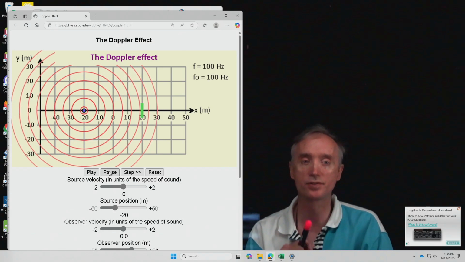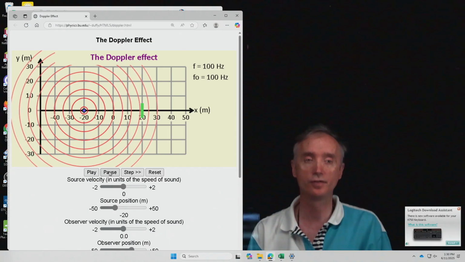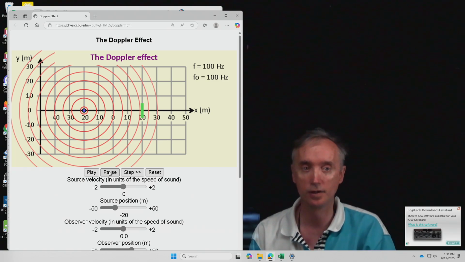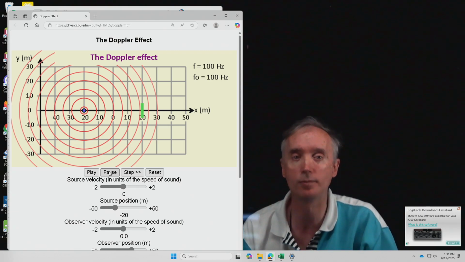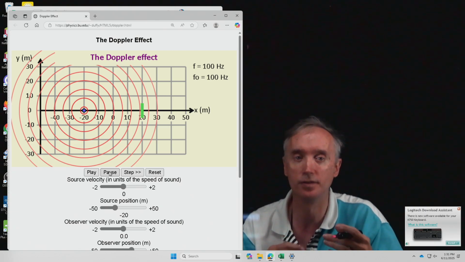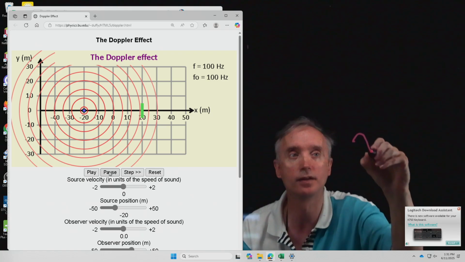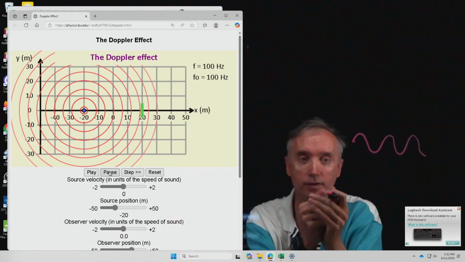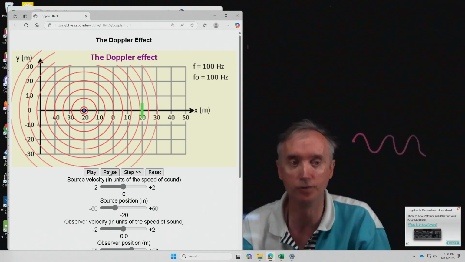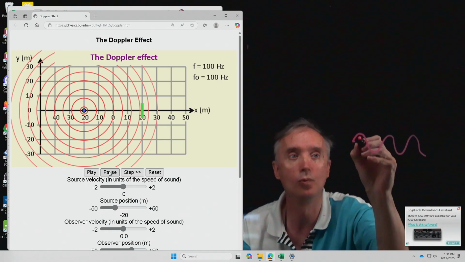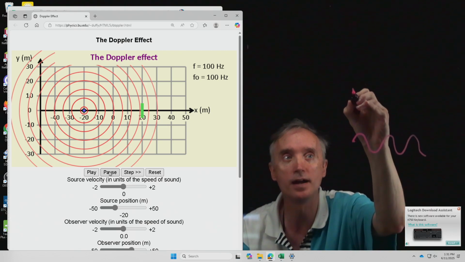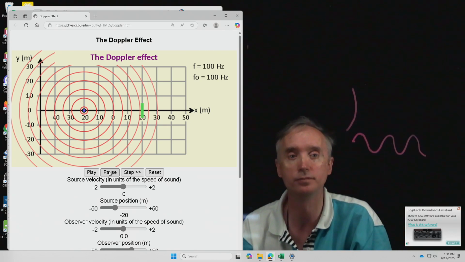Okay, now, so our first observation that what you want to see is look at those red things. So the red things represent, let's pretend that it's a wave that looks like this. So that's the wave that is traveling outwards from that blue dot. Where it has maximum amplitude, that's where there's a line.